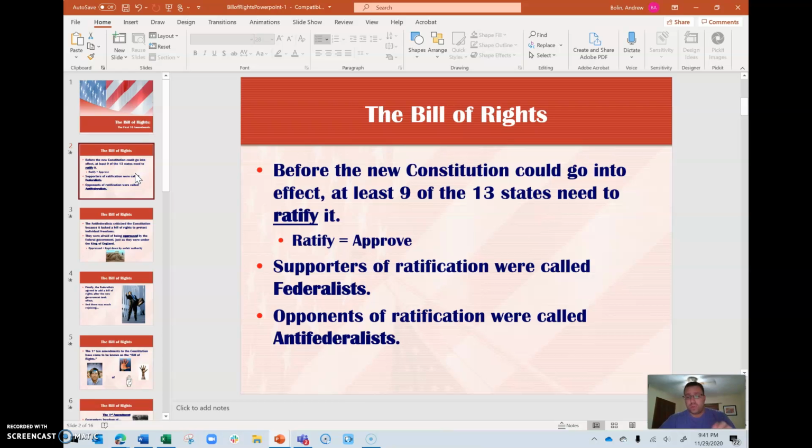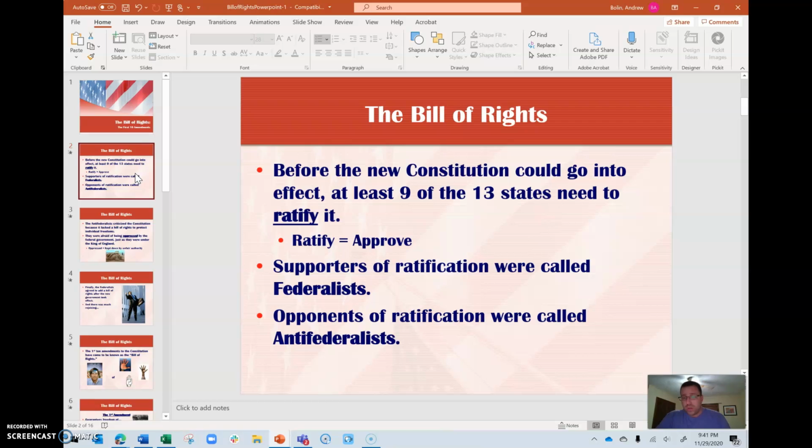Any word that's bolded and underlined, I've given you definitions for, and it's really important that you remember those definitions. Ratify is just another word for approve. Before anything new goes into effect, it always needs to be approved. In this case, the Constitution needs to be approved by 9 out of the 13 states.